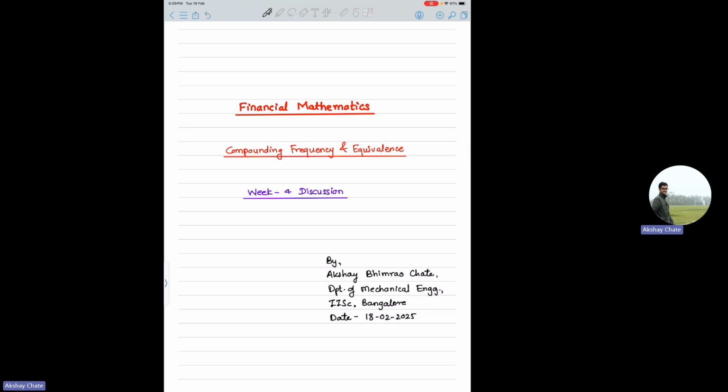So we solved one problem towards the end of the class: if I retire after 25 years from now, I want pension for the next 25 years. How much should I put in as a bulk today, or you can do monthly also. You can calculate how much monthly contribution towards NPS or PPF you should make so that after retirement you get a certain pension.